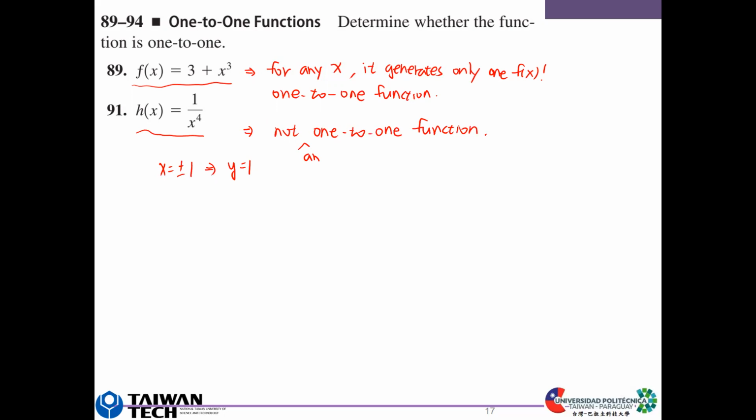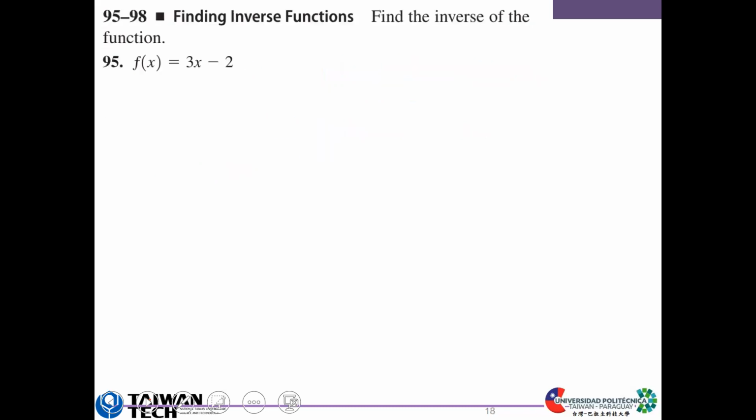Okay, should be an easy one. For the next problem, we're looking at problem 95. Find the inverse of the function. To make it easier, we make f of x equals y. The first thing, if you want to find the inverse function, is we need to put x on the left of the equation.